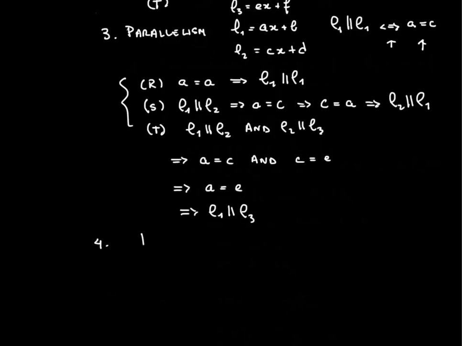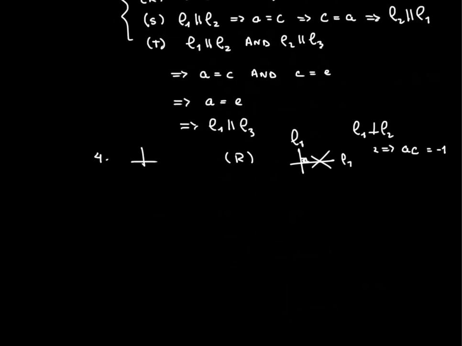Now, what about perpendicularity? It turns out that it is not even reflexive, so it cannot be an equivalence relation. If we have a line L1, L1 cannot form a right angle with itself. Actually, we could define perpendicularity as L1 is perpendicular to L2 if and only if the product of A and C is equal to -1. So that's one way to define it.